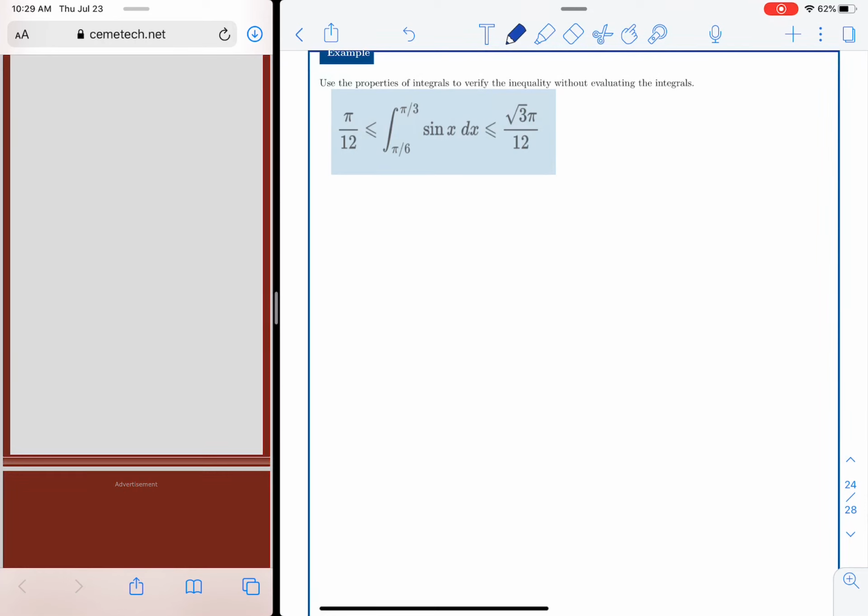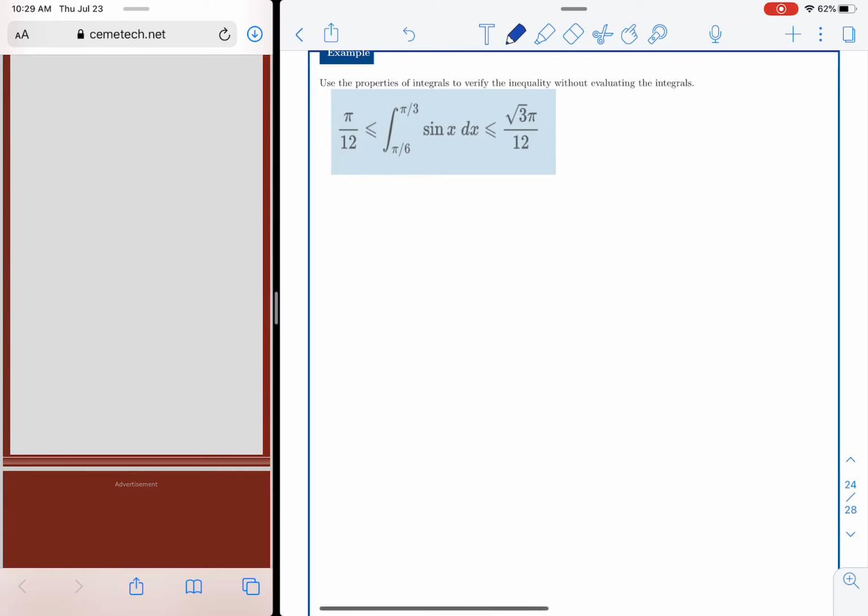So here we have to use the properties of integrals to verify the inequality without evaluating the integrals. Now what we have is an integral that supposedly lies between pi over 12 and square root of 3 pi over 12. So what do we know?